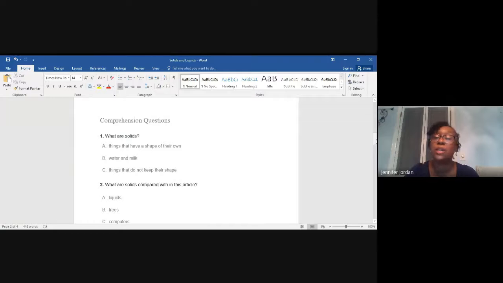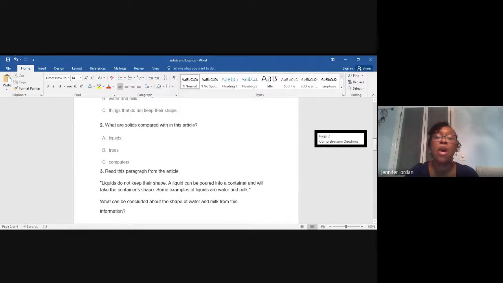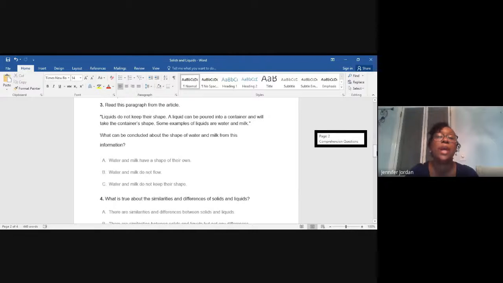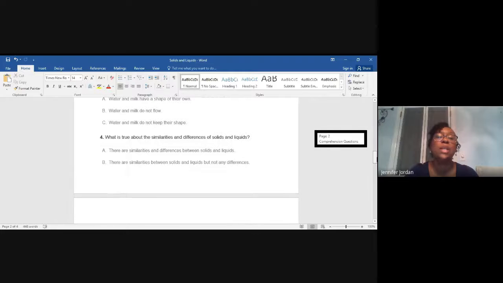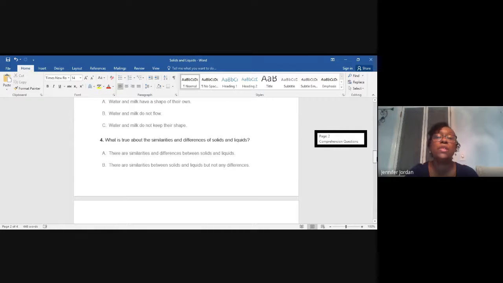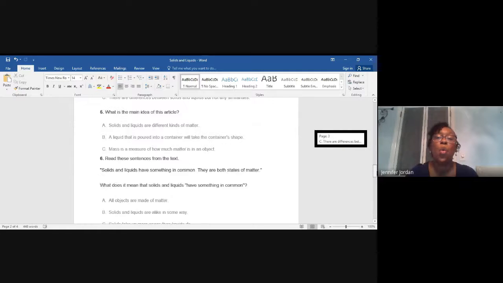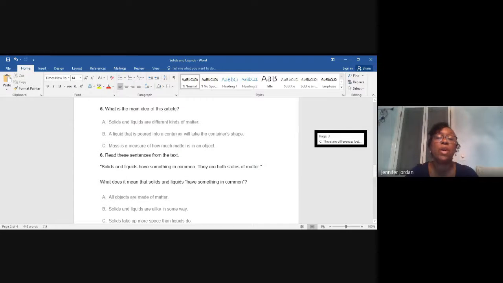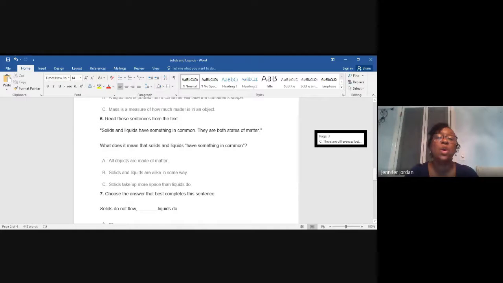What are solids? What are solids compared with in the article? As we read, be thinking about that. Okay, on to the next one. What is true about similarities and differences of solids and liquids? Keep that in mind. What is the main idea of this article? Read these sentences from the text: Solids and liquids have something in common.